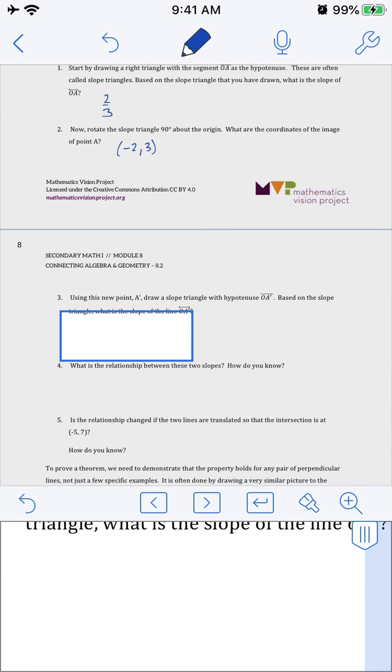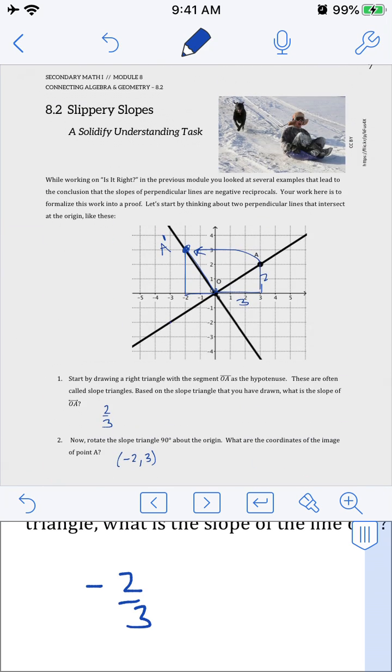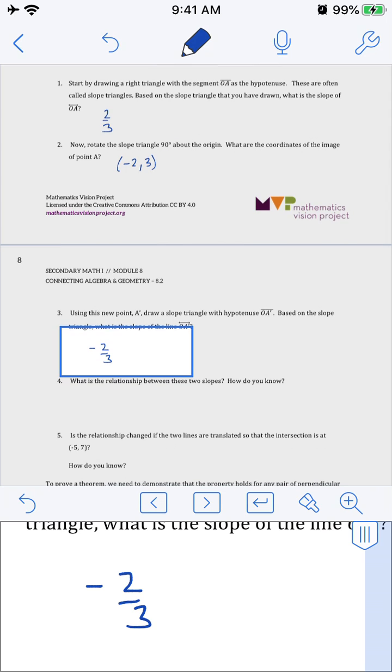Oh, I'm sorry, I did run over rise. That would be up 3 and back 2, so -3/2. Now you're like, why'd she put the negative on top, right? Remember, negatives can float wherever they want. It's kind of ugly to have it in the denominator. Don't know why, but it is. So we just put it on the outside.